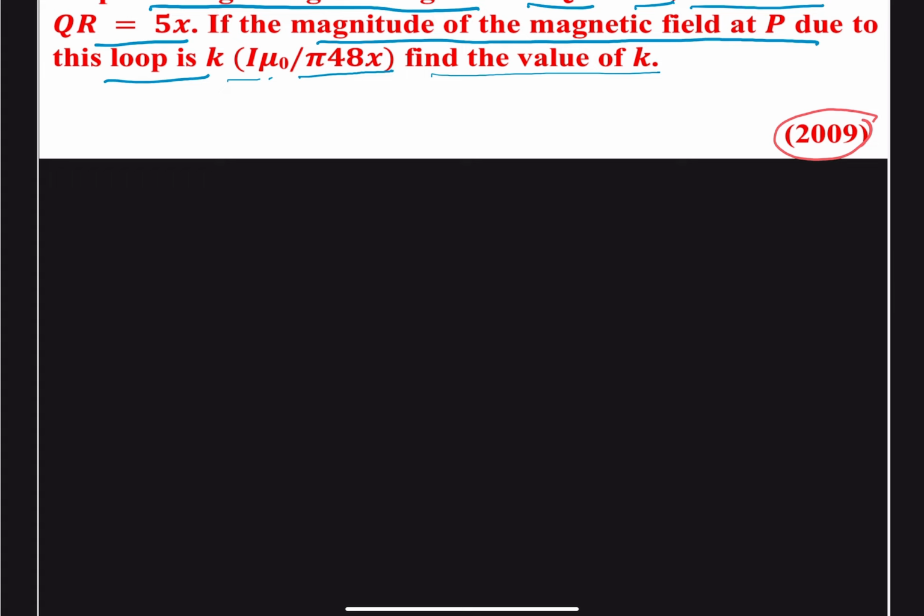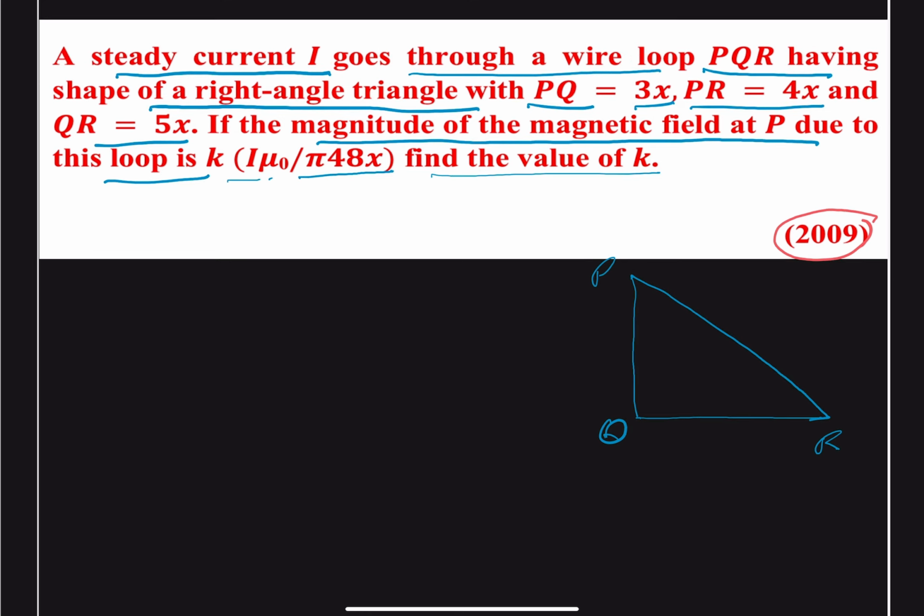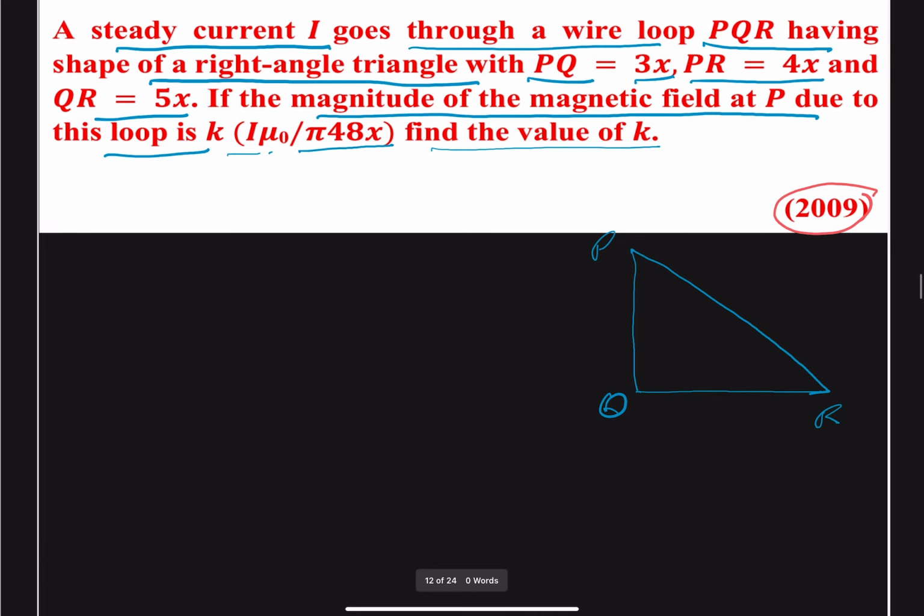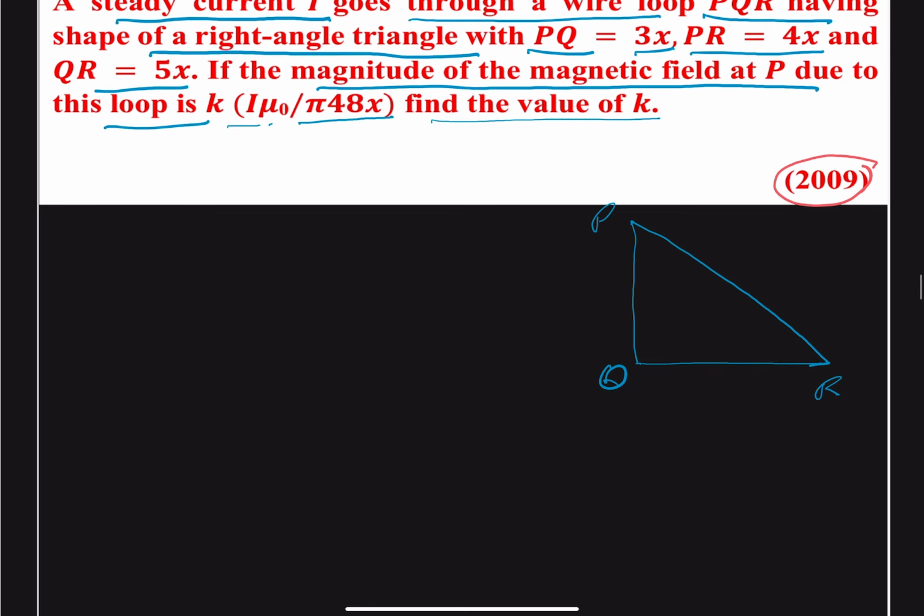So we can just draw an approximate diagram for that. So this is P, Q, R, and we are given that QR is 5x. Let me correct it, QR has to be the hypotenuse because that's the longest one.